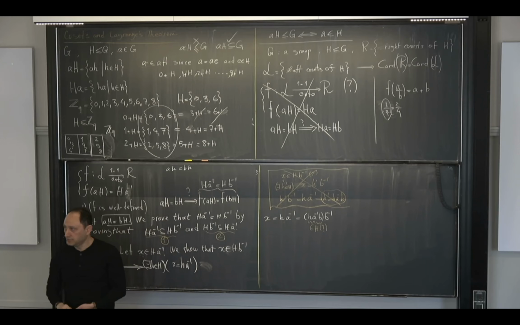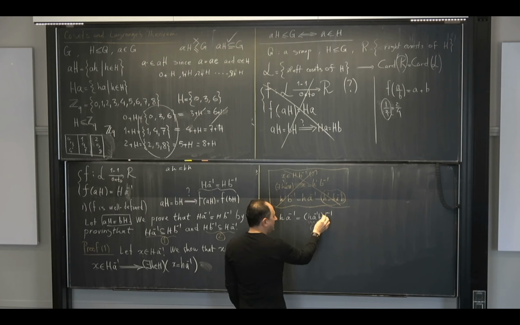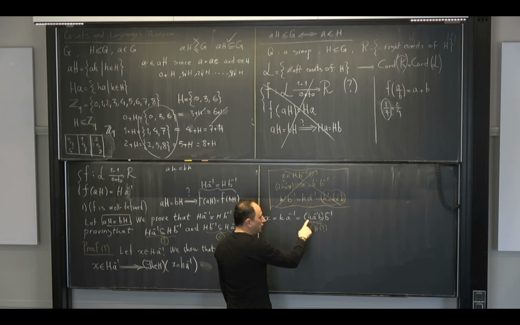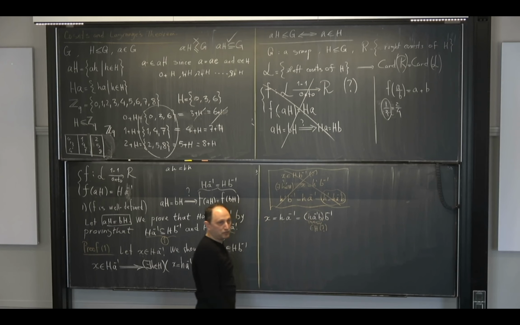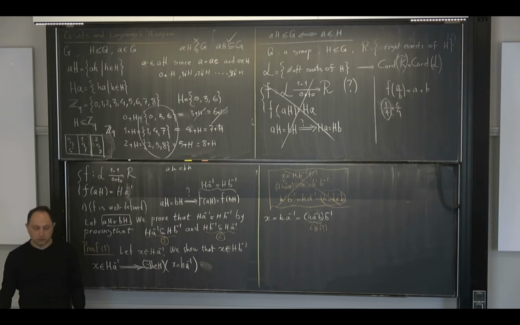Is that right? But the only problem left is, is this element in H? Yes, I know little h is in H, but I don't know anything about A inverse B. But my claim is that A inverse B is always in H because of my assumption.